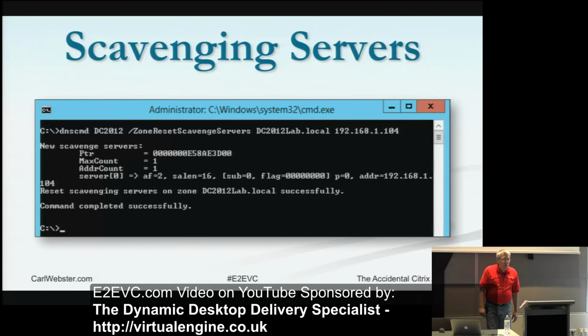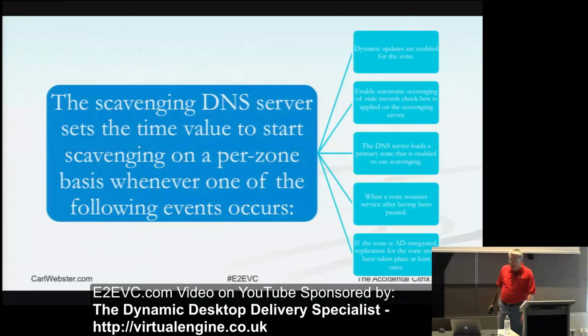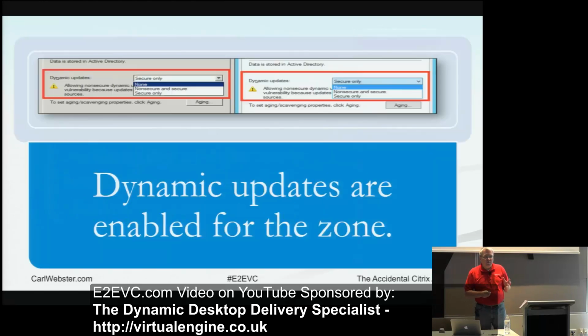All right, so when can scavenging start? Well, we got all these things, and yeah, you don't have to read all that. You'll be able to read all that in the PDF. Now, you can look at these things in two ways, and so I'll give you both wordings on all of these. Dynamic updates are enabled for the zone.